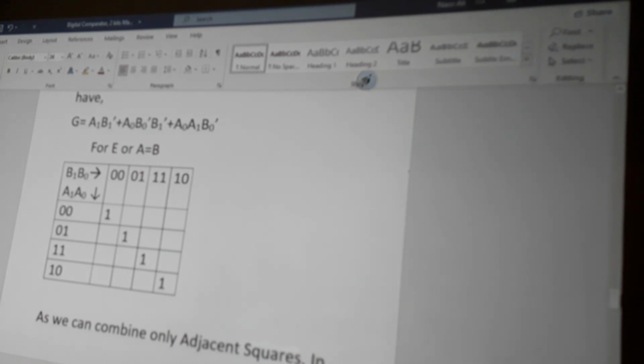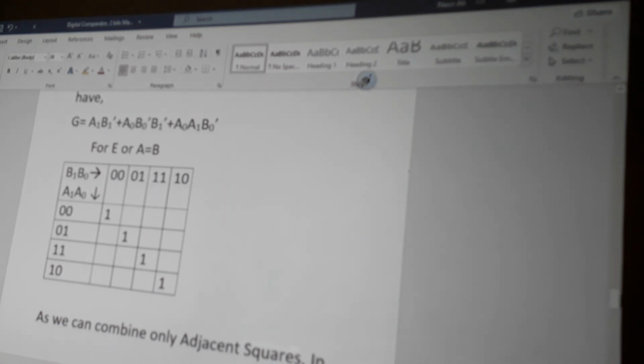Now we can see in the K-map of E, we have 1 in the corresponding squares, and we can see that no square can be combined with any other square because these are not adjacent squares, so the relation for E will remain the same.